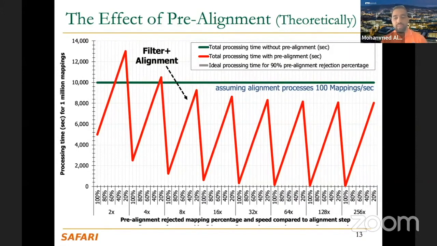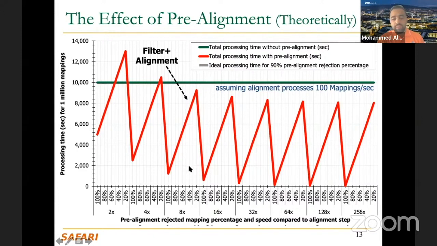Again, we have the execution time for filtering the entire data set, which is 1 million pairs. Remember, the filter is 2x faster than the aligner, so we need 5,000 seconds just for filtering, plus whatever the execution time is for the aligner on the 80% of the pairs. This way, we increase the execution time, because we add an overhead for the filtering and reject only a minimal number of pairs.